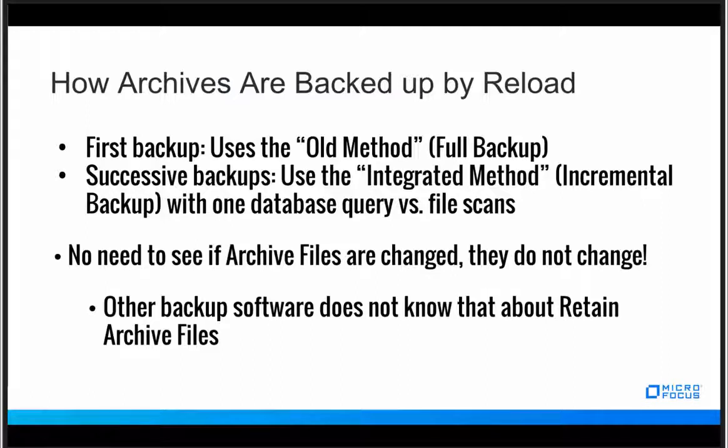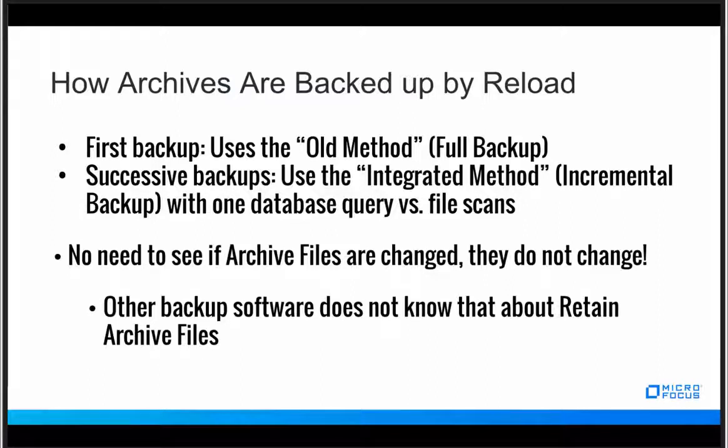But then every other backup afterwards is what's called an integrated backup. Basically, it's an incremental backup. And the way it's able to do that is, instead of going to the disk and doing file scans like other backup software does, we go to the database and ask, what new blob files are there? What new archive files are there? We build a manifest from that, and then replicate those files from the manifest.